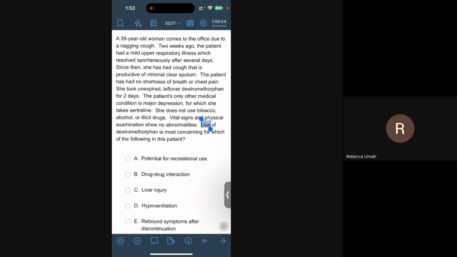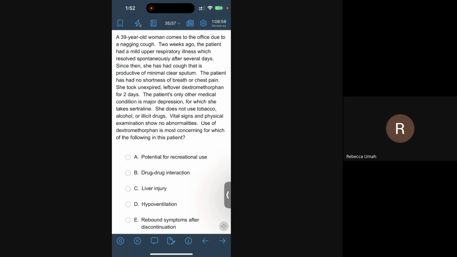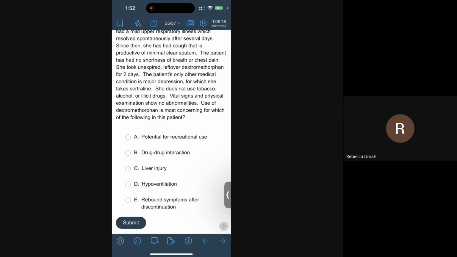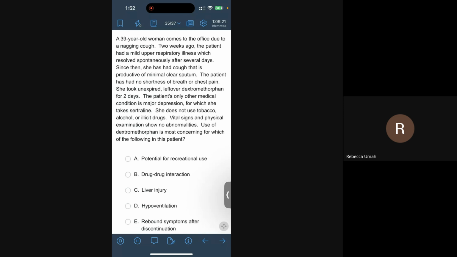Use of dextromethorphan is most concerning for which other drug? A 39-year-old woman with a nagging cough.